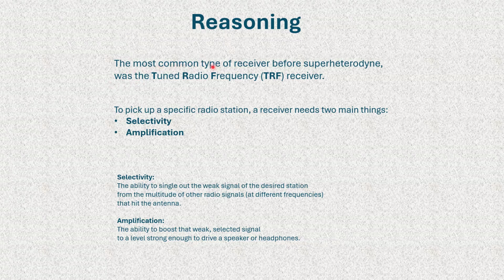If you look at the past, the most common type of receiver before the superheterodyne was something called TRF, which stands for Tuned Radio Frequency Receiver. We used that to pick up a specific radio station, because in the air there would be a bunch of stations present, hence the word broadband.